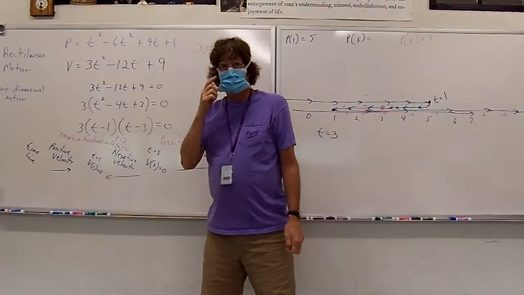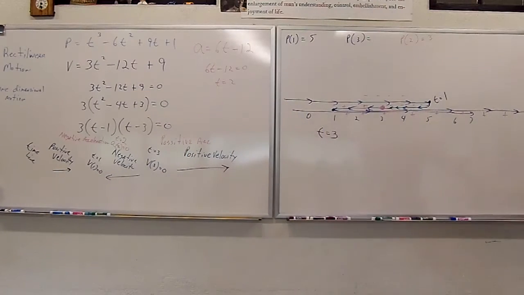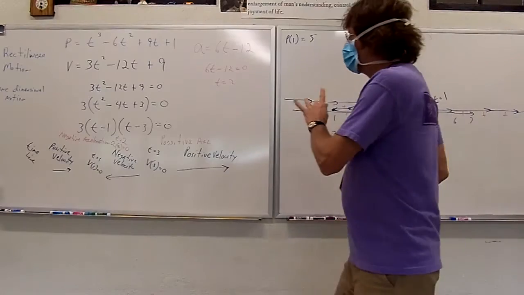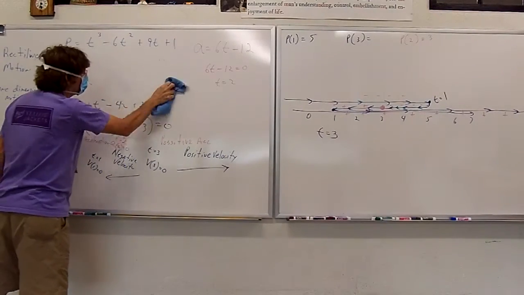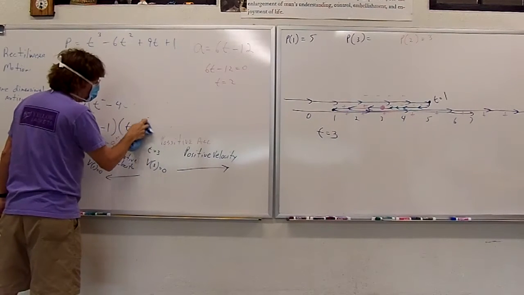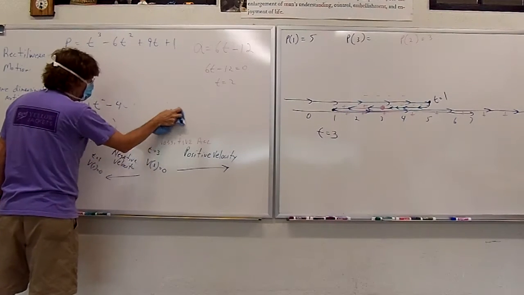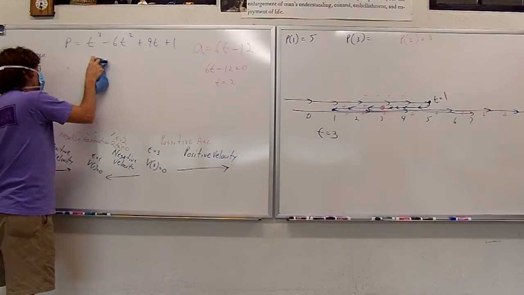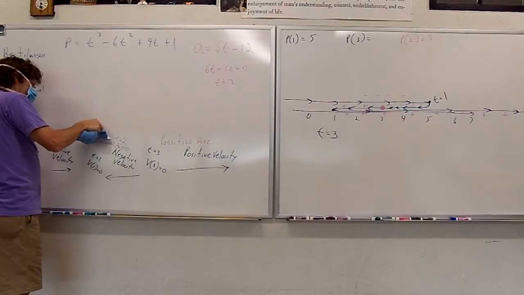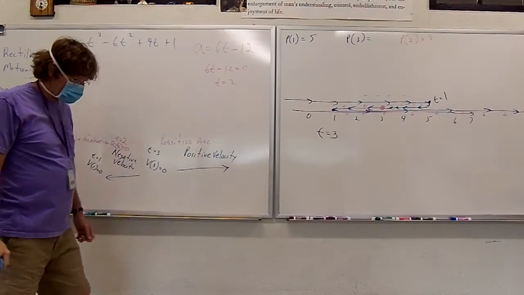But I'm going to erase that little bit of math and make a little chart. We're not going to work with the numbers from this problem. We've got all the information from this problem that we need the math for, all the steps. What I want to do is just talk to you a little bit about speed.